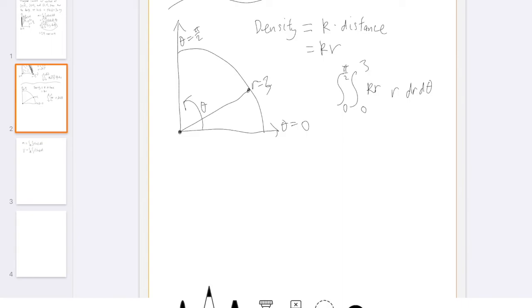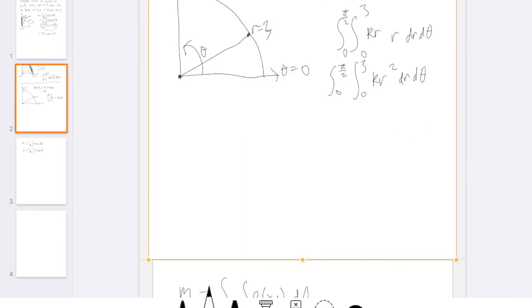Now all we need to do is just solve this, which shouldn't be too difficult. So first of all, we can write this as kr squared dr d theta. Then we can integrate the inside. So we get k over 3 r cubed with bounds 0 to 3 d theta. If we plug that in, we will just get 27k over 3, which is also 9k.